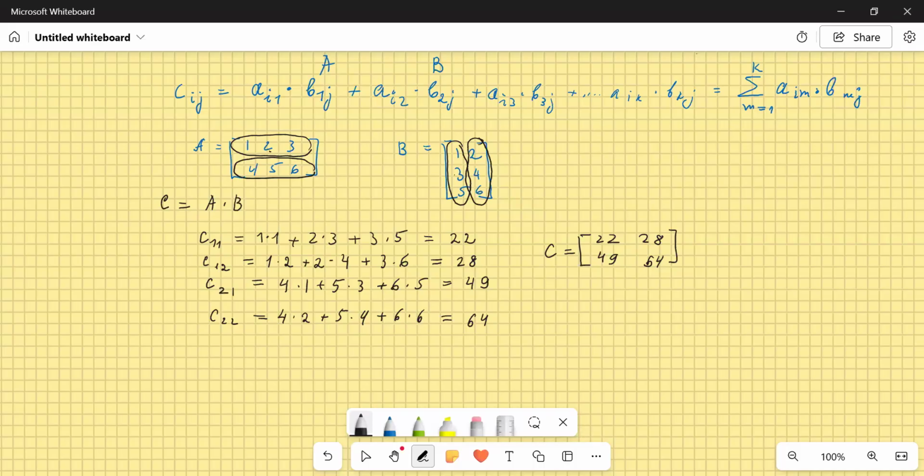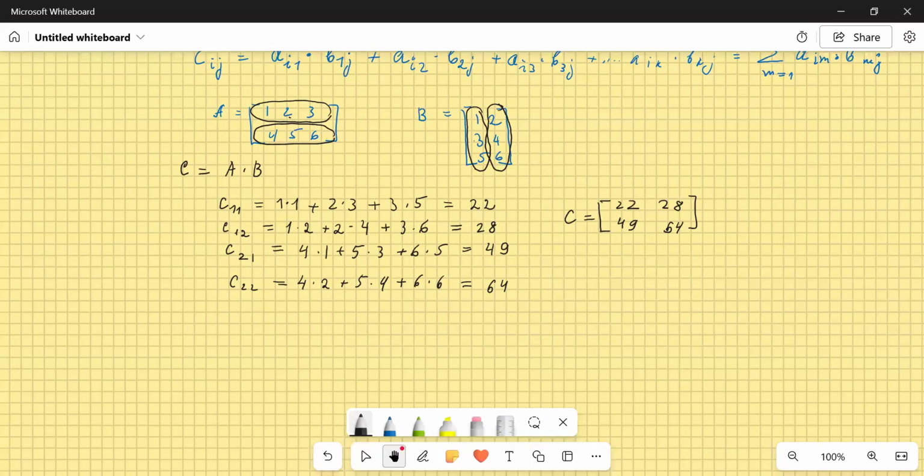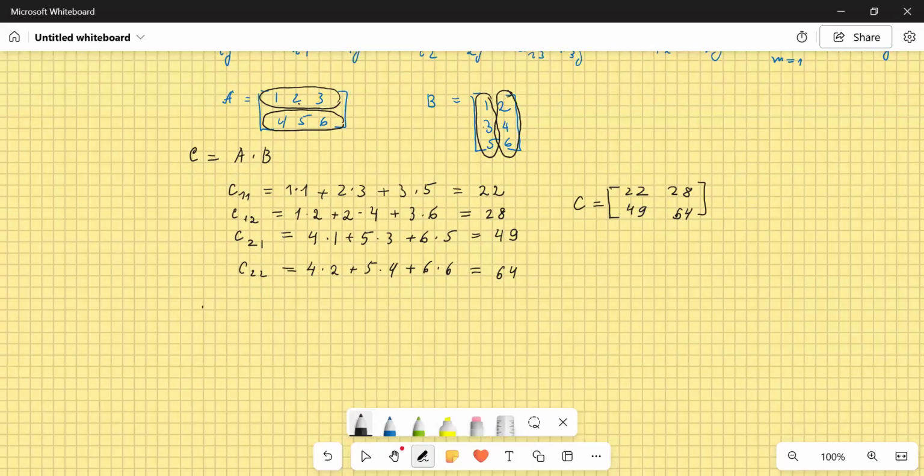Well, let's talk about dimensions of the matrices. Which dimensions are supposed to match? Imagine that matrix A has dimension m by n, multiplied by matrix B with dimensions n by k.